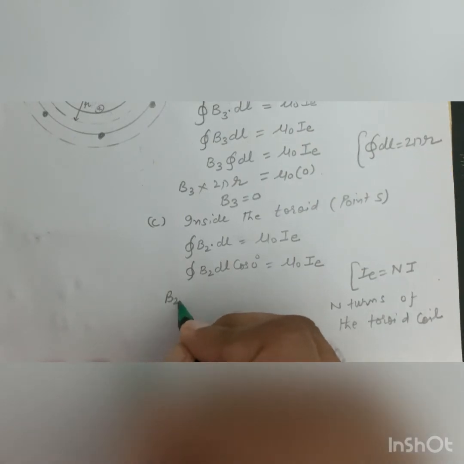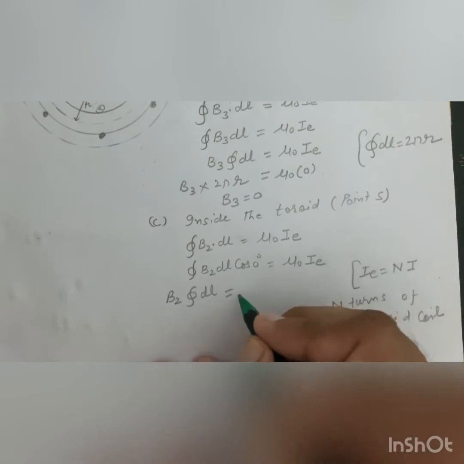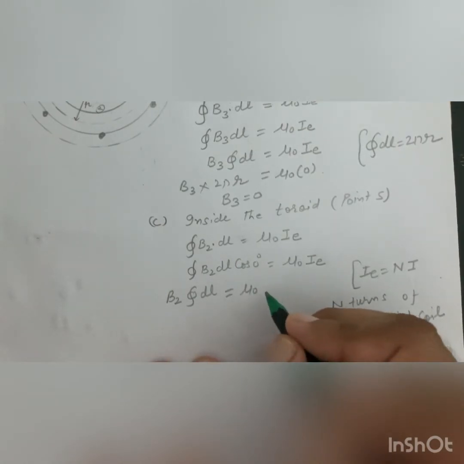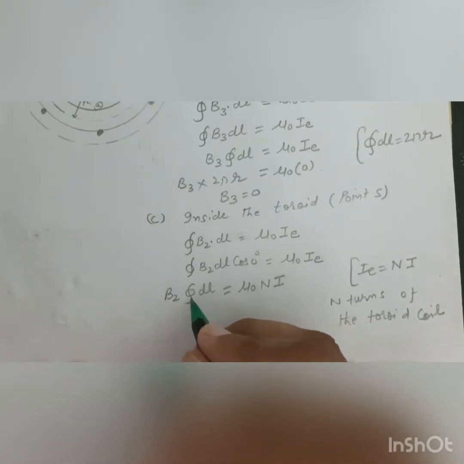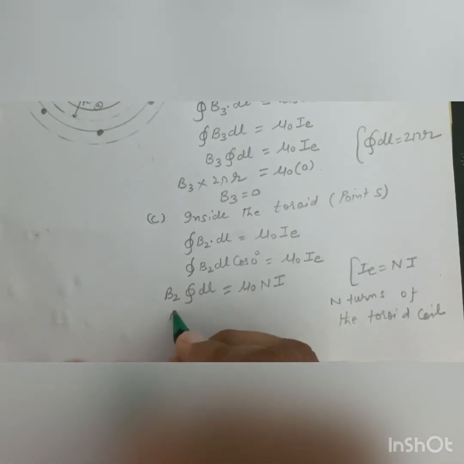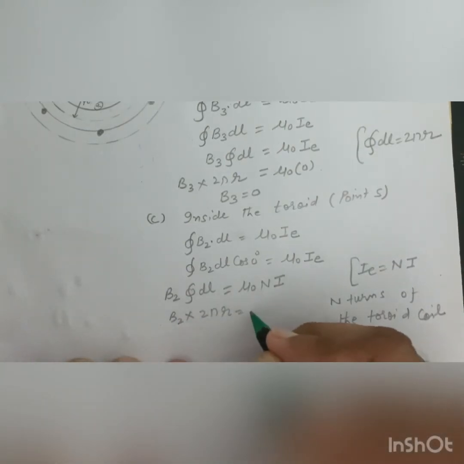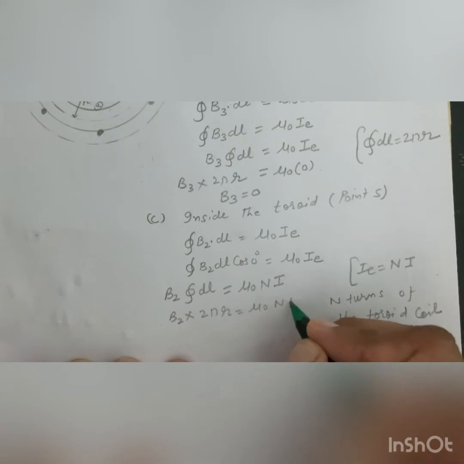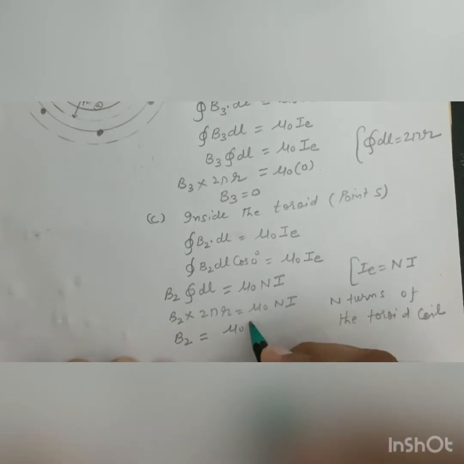Here we have B2 dl equal to mu naught N i. The closed line integral of dl is 2 pi r, equal to mu naught N i. So the magnetic field is B2 equals mu naught N i over 2 pi r.